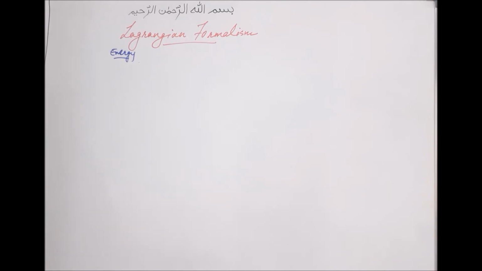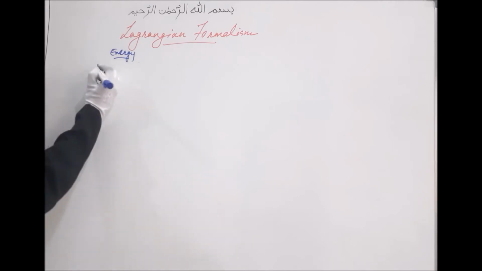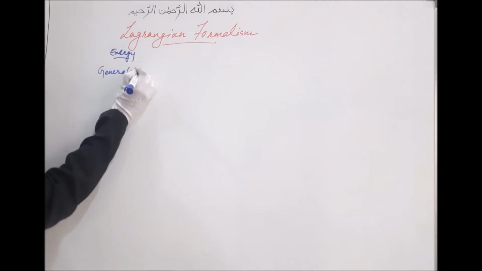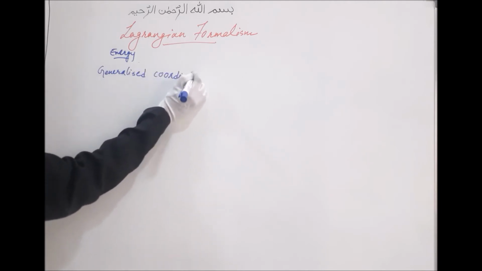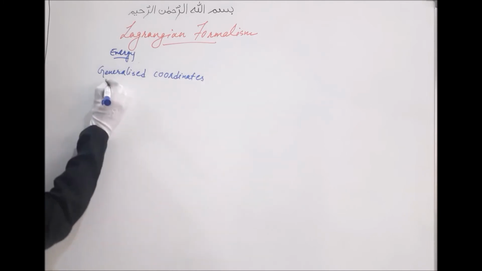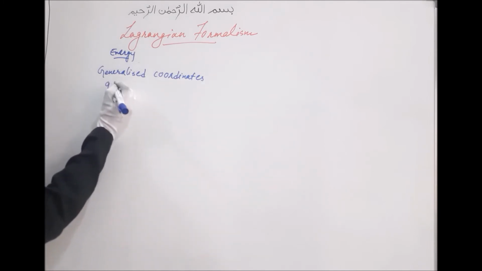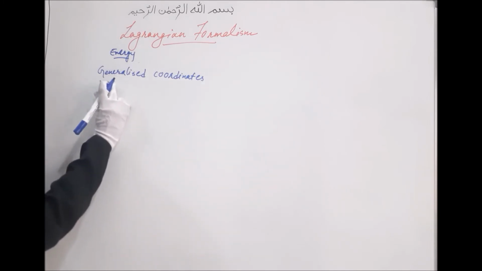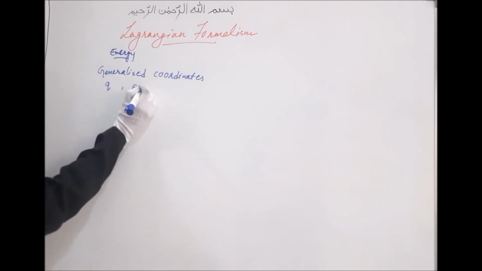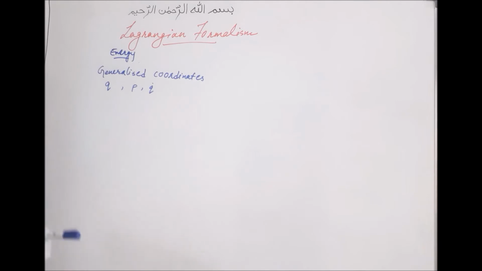Now here we will mostly be using the generalized coordinates, which is given as qi, or let's just call this q, the generalized momenta p, and the generalized velocity q dot.